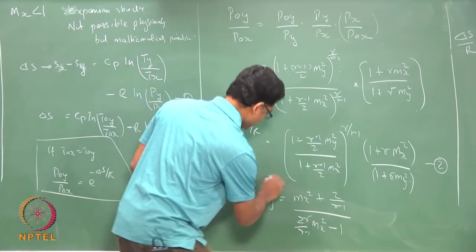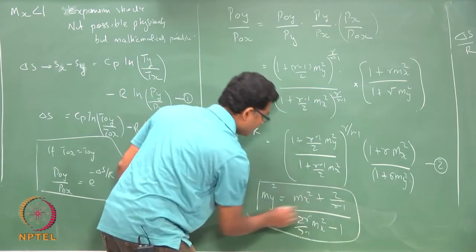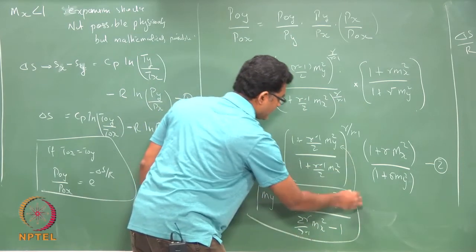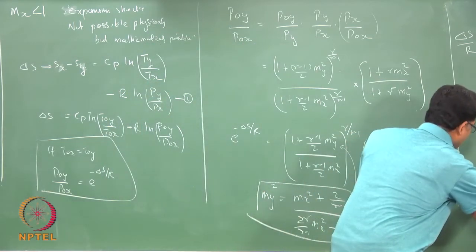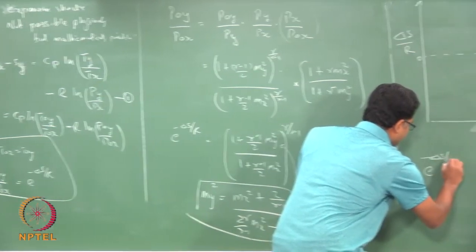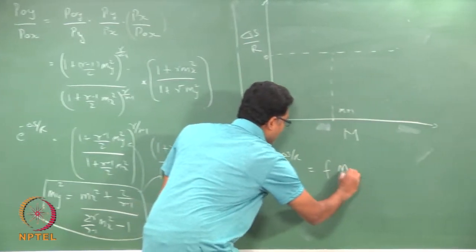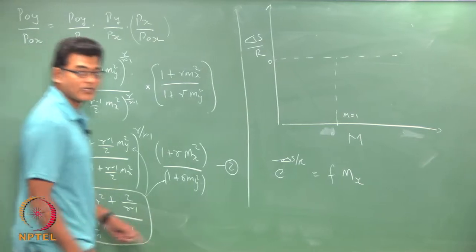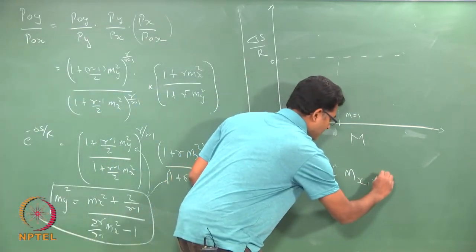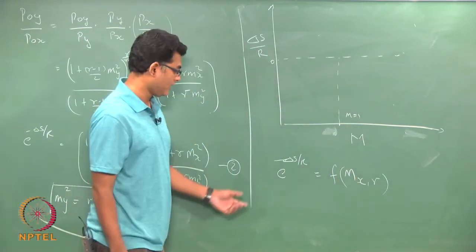So I substitute here, and I would get e power minus delta S by R as a function of mx and gamma. Okay.